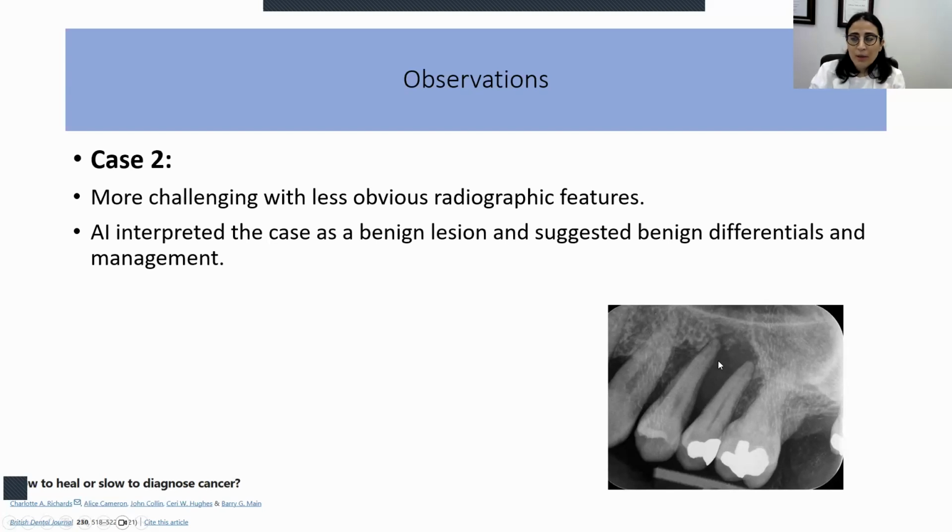This is a case of malignancy. However, AI described this case as a benign lesion and provided a differential diagnosis of a benign lesion. Most of the students were surprised by this one.